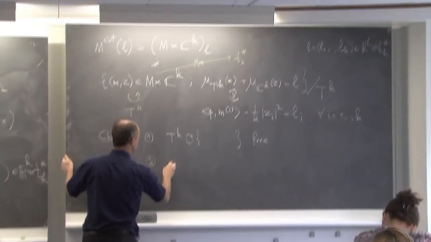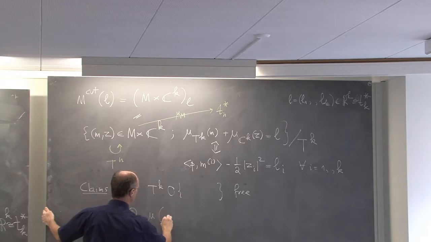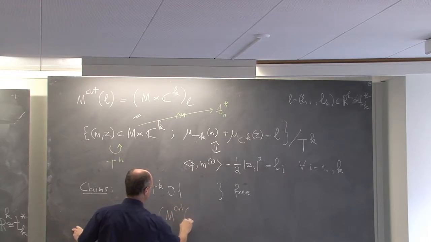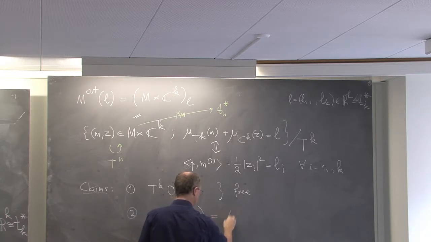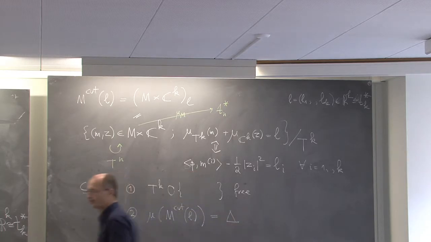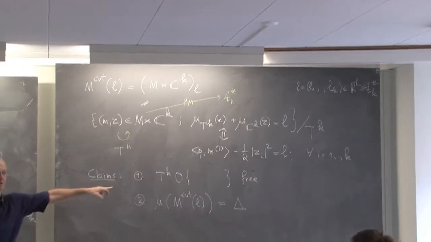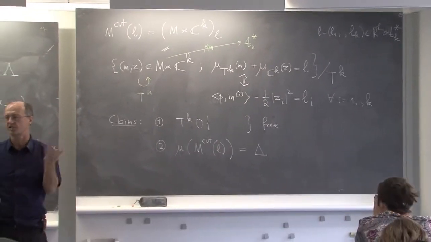And second, mu of M cut of L is exactly equal to delta, the polytope from which we started.